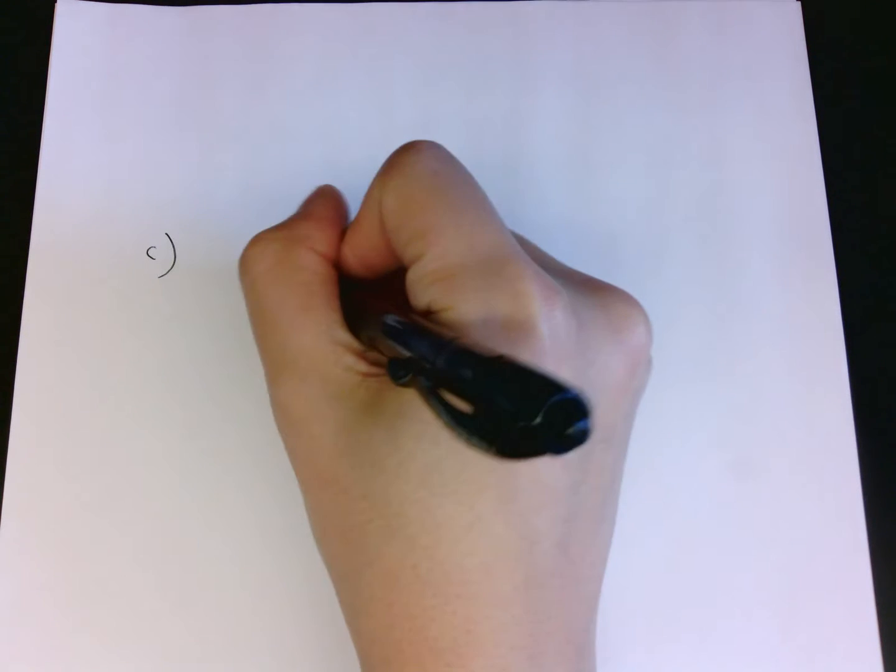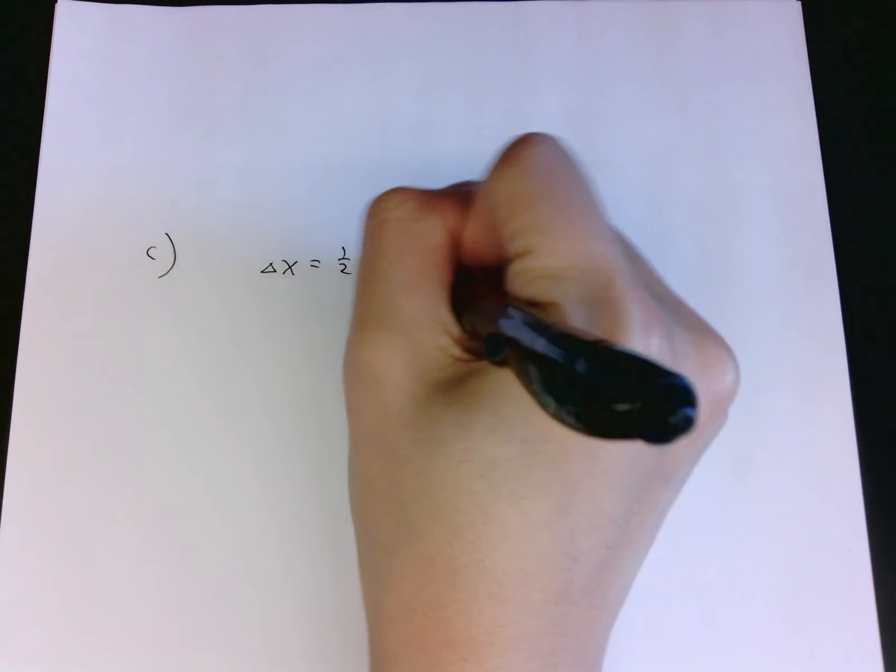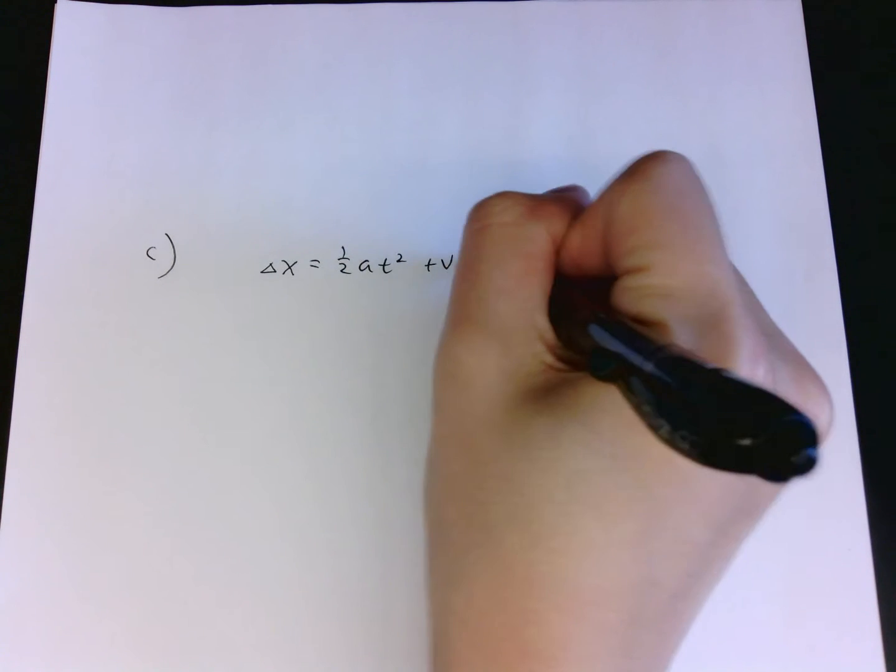Next, part C asks, what will his height be above the ground when he reaches the bottom of the drop? We can do this in two ways. I'll show you the more complicated way first. Delta x is equal to 1/2 at squared plus v0t.